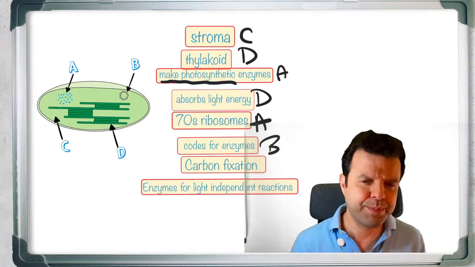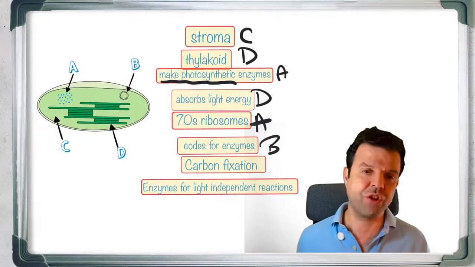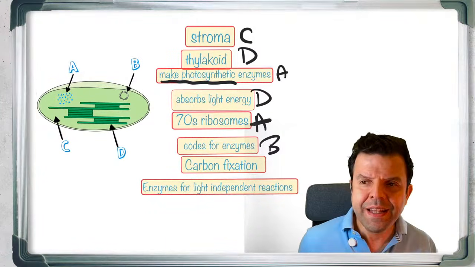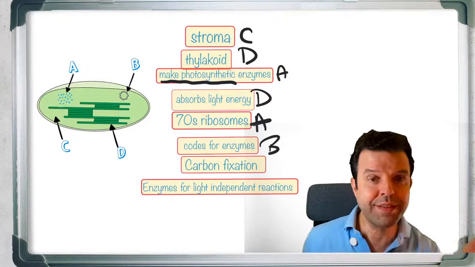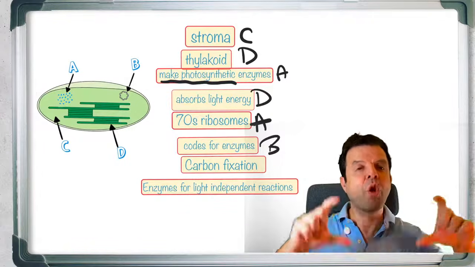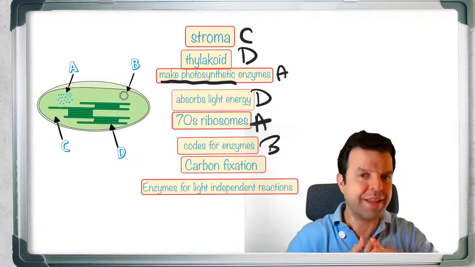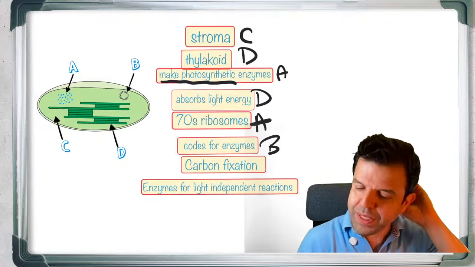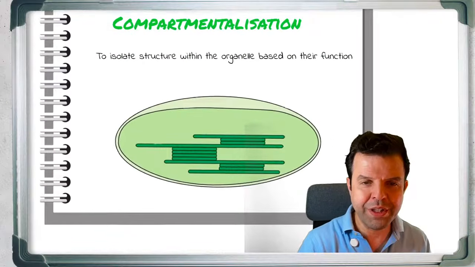Next says carbon fixation. What does that mean? This is something I want you from now to understand: within the chloroplast itself, we are gonna divide it. So the chloroplast itself must be divided into two parts.